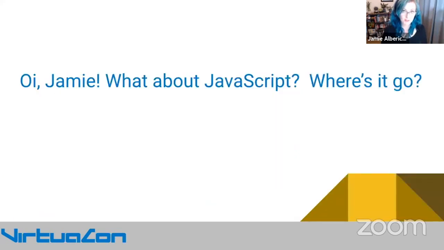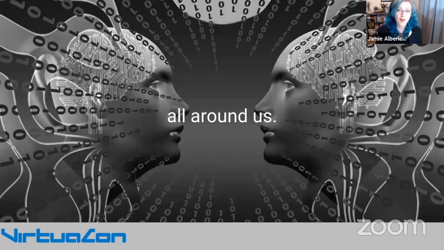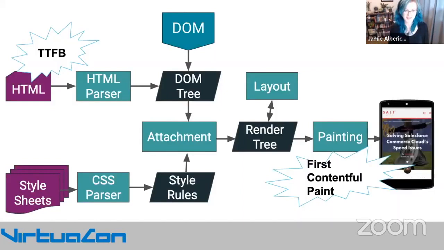Oi, what about JavaScript? I know I kind of teased and I promised here that this critical rendering path was the place where performance, JavaScript, mobile first all combined together. Well, where was I talking about JavaScript in any of this? It was already all around us to begin with. JavaScript is a unique and precarious little beastie that can pop up in a number of places, even where you wouldn't expect it.